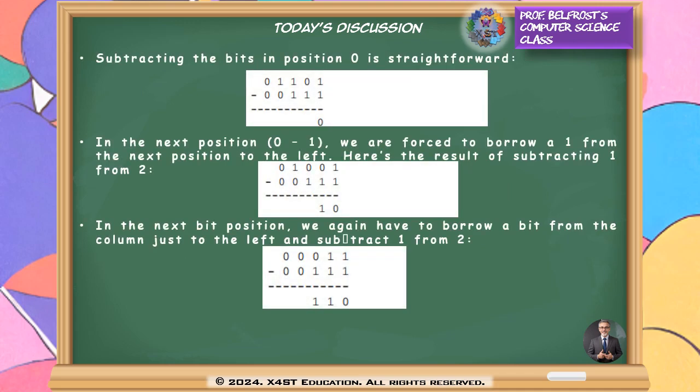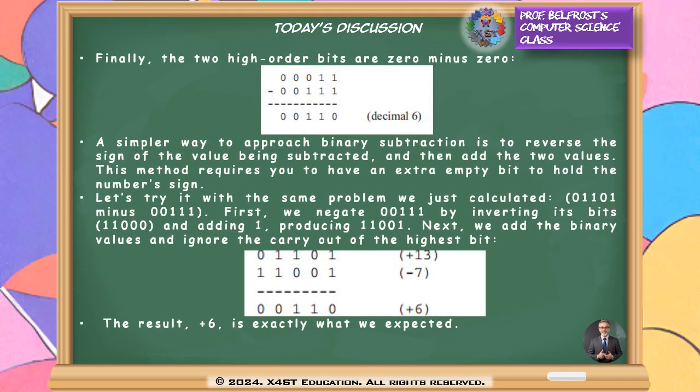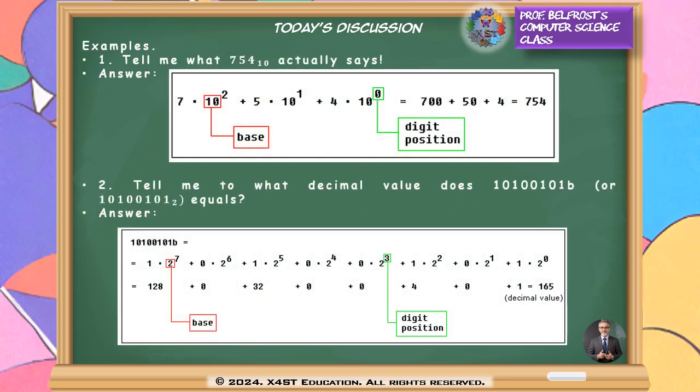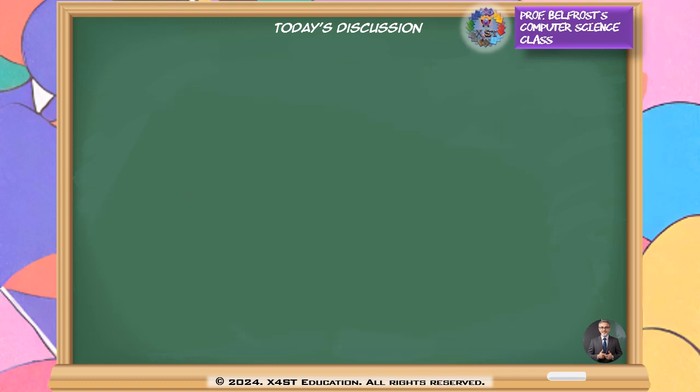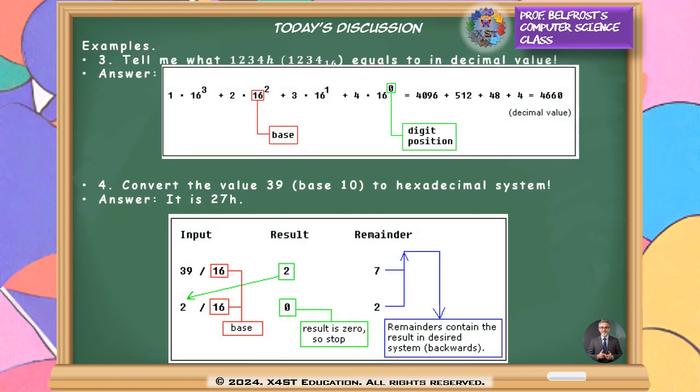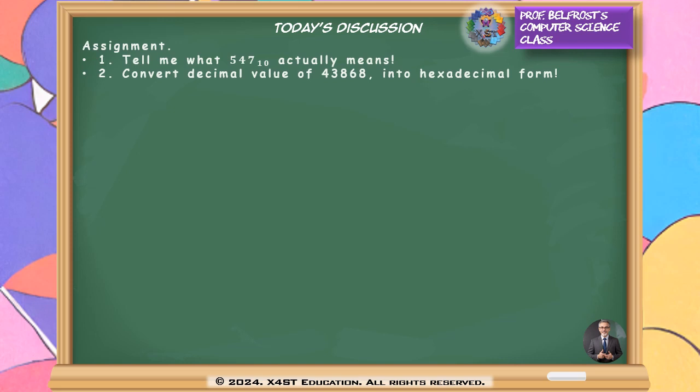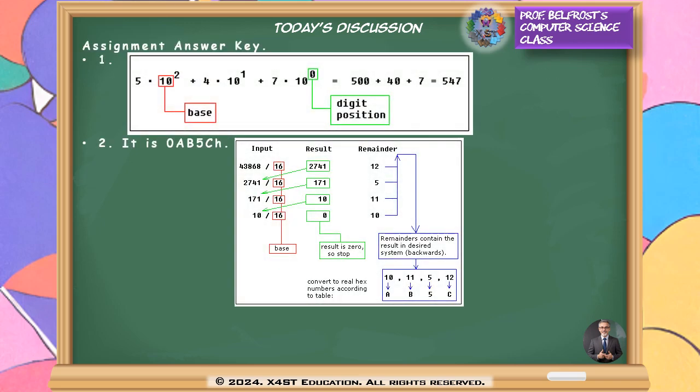So here's the example. I'm in a little hurry, so I want you to take a screenshot first and learn it by yourself. After learning this, I want you to do your assignment. Only two problems, and solve them by yourself. After this, check with the solution given, and done. We are done with today.